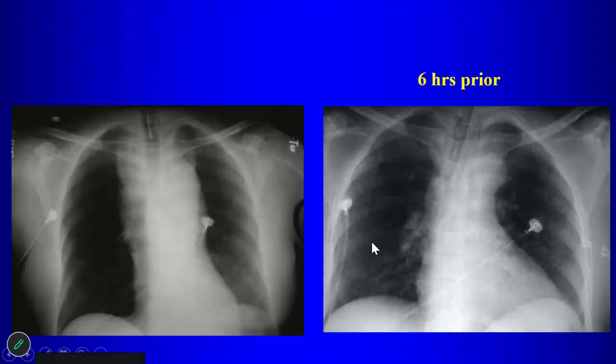You're reading an ICU x-ray, here it is, and here's the most recent prior, 6 hours before. What's the difference between the film you're looking at versus the film from 6 hours ago? What looks different? Lucency of the right lung. Okay, and what else?